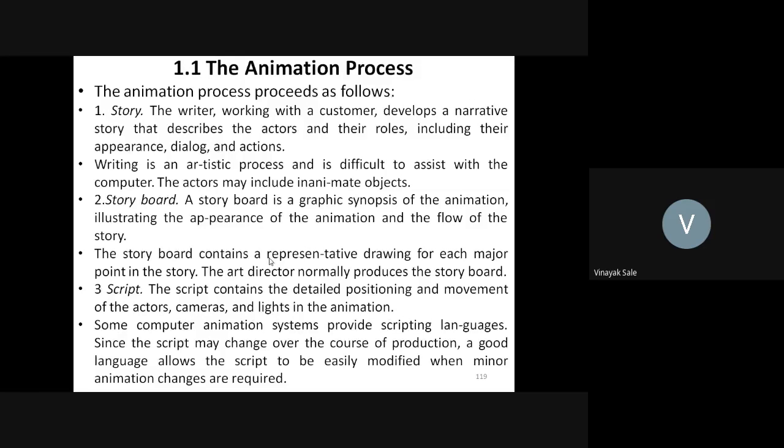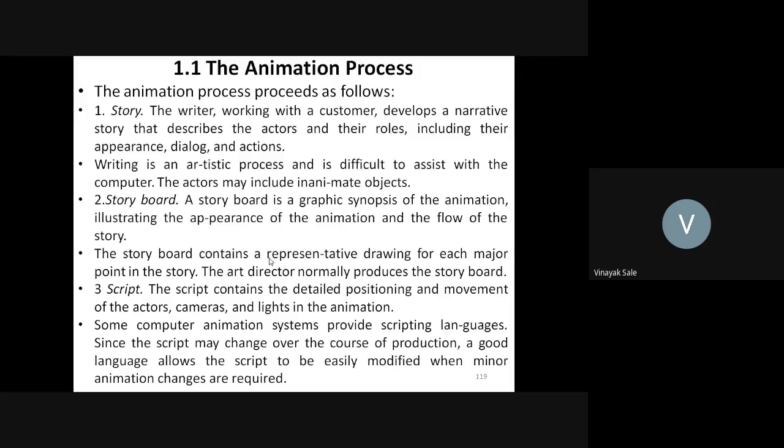The animation process proceeds as follows. First is story. The writer, working with the customer, develops a narrative story that describes the actors and their roles, including their appearance, dialogues, and actions. Writing is an artistic process that is difficult to assist with the computer, and the actors may include inanimate objects.